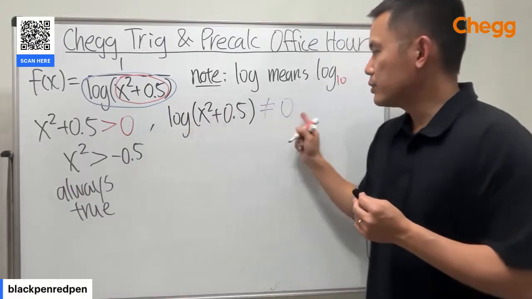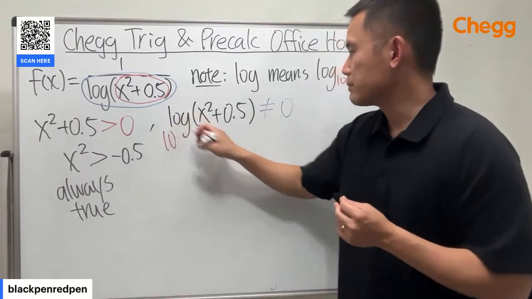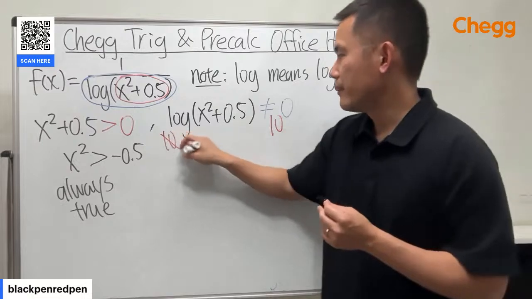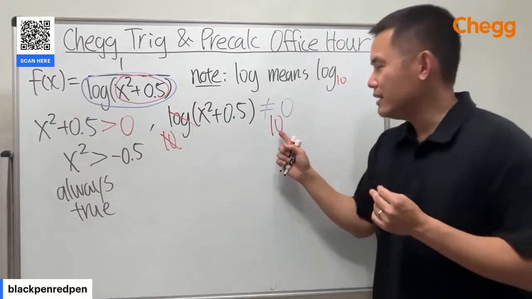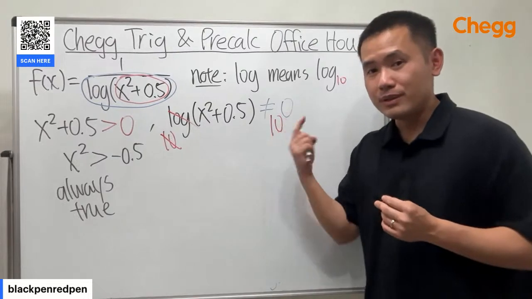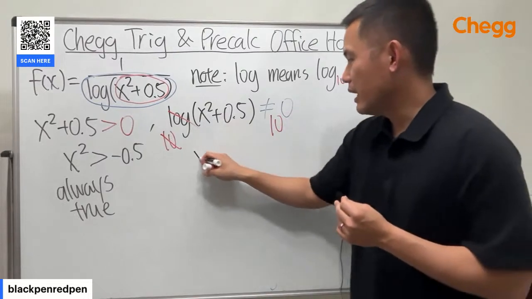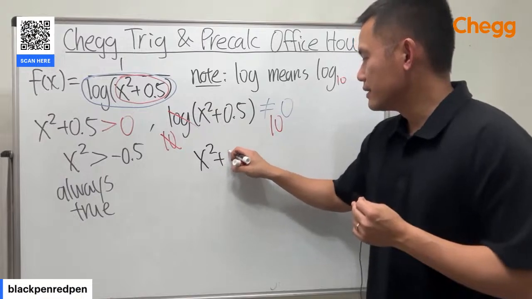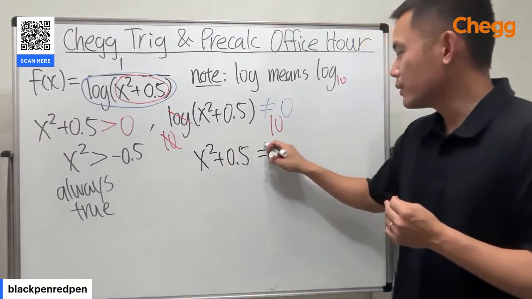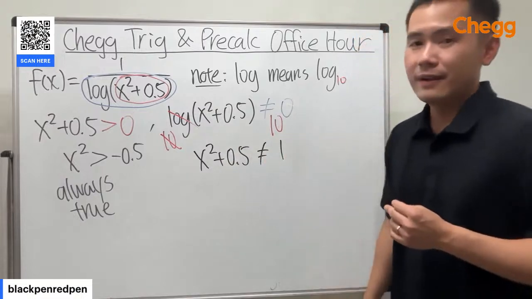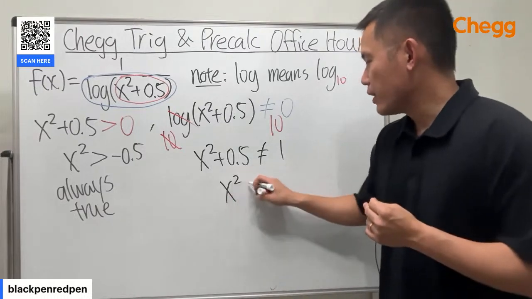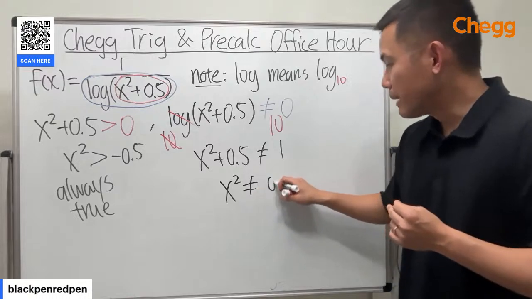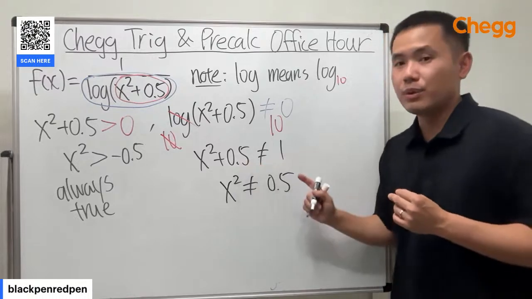Because what I want to show you is, pretend these two are like exponents. We do 10 to this power and 10 to that power, even though it doesn't matter. Because any non-zero number to the 0 power is just 1. Anyway, so we get x squared plus 0.5 not equal to 1. Now, to solve it, subtract that to both sides. x squared cannot be equal to positive 0.5.